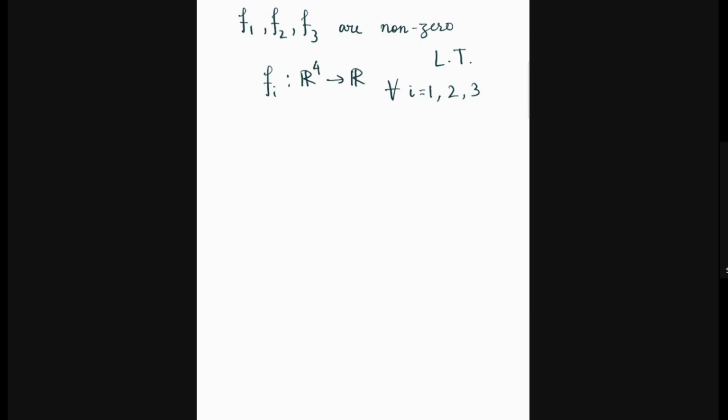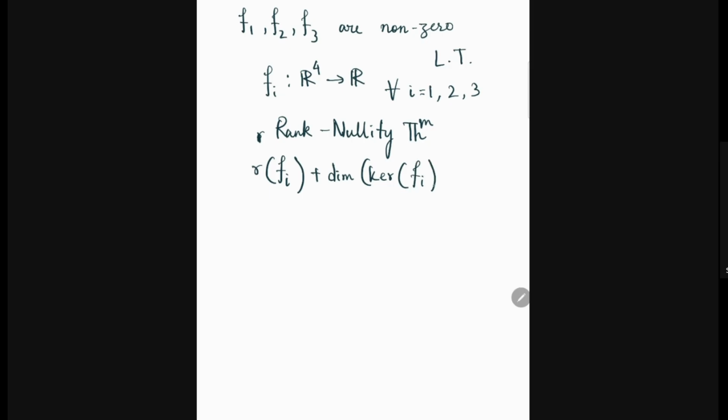So one of you has given an answer, and I'm going to solve it. Phi is going from R4 to R. If you use the rank nullity theorem, then rank of Phi plus dimension of kernel of Phi will be 4.